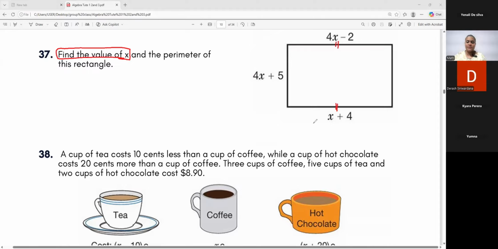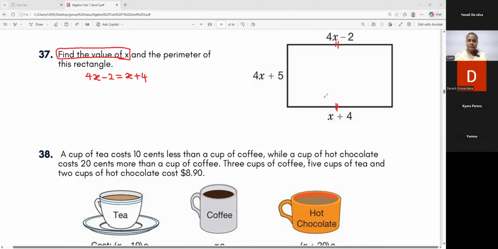See, these 2 sides are equal to each other. If this side is 8 centimeters, this is also 8, no? But they have given 2 expressions, 4x minus 2 and x plus 4. They should be equal, so that's the equation we need to write. Opposite sides are equal. Therefore, 4x minus 2 is equal to x plus 4. This is the equation. Solve this and find x.